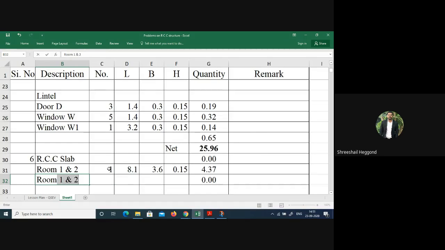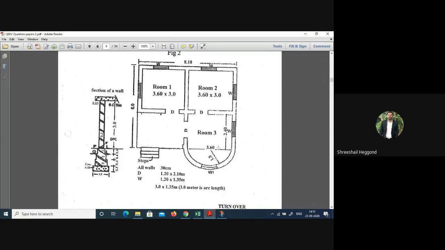For room number 3, a rectangular section will be considered. 3.6 is horizontal, plus on both sides 1 wall thickness you have to add, that will be 3.9, 4.2.